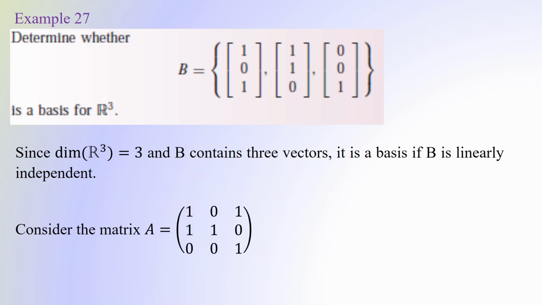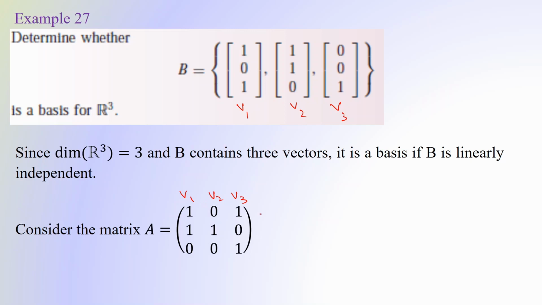You may remember from the previous course material, a matrix can be formed with v1, v2, v3 as columns. If the determinant of this matrix is not equal to 0, that means the vectors v1, v2, v3 are linearly independent.